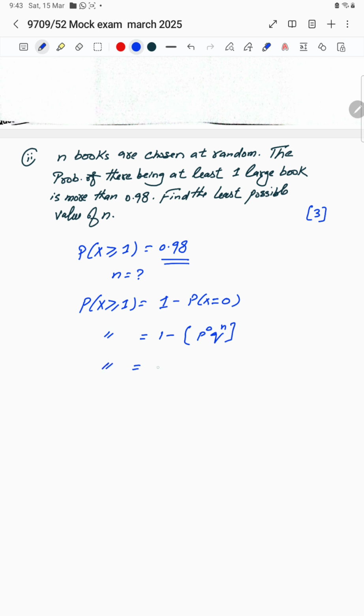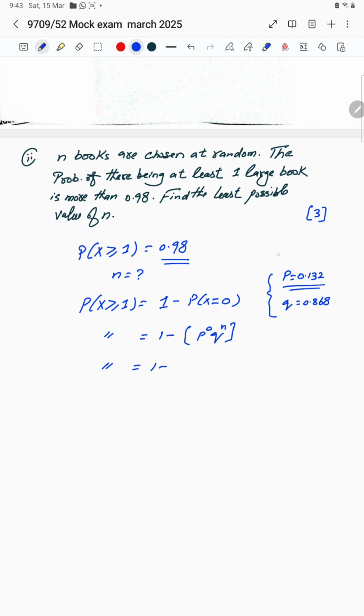We'll do it later. Let it be this. What was 1 minus p? We know the probability of one large book, we already calculated 0.132 in the first part. So q will be 0.868.